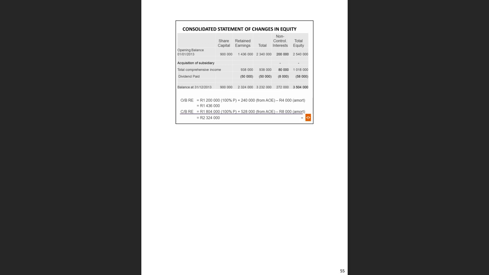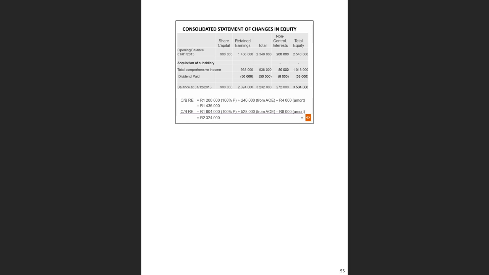Remember, this share capital is just P's share capital. Then we have retained earnings of 1,436. Then we have our total, and then we have our NCI of 200,000. And we have our total equity over there.